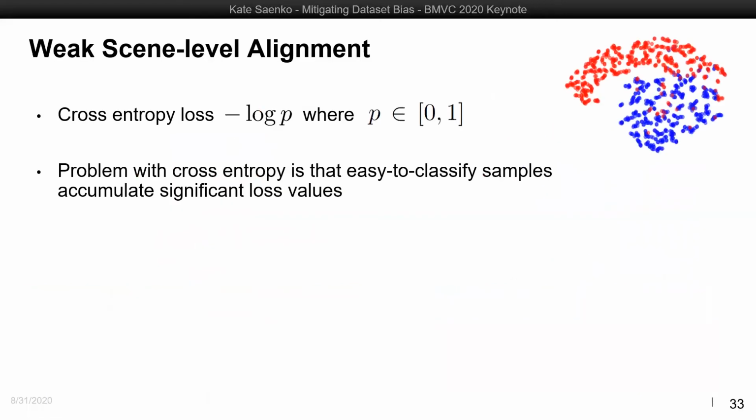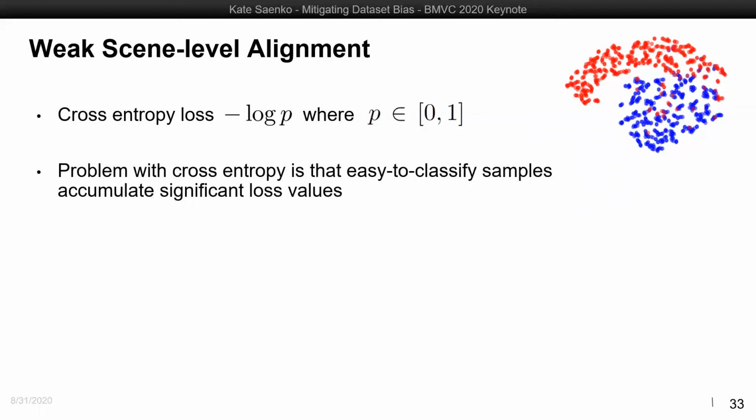The way that we handle this issue of relaxing the alignment objective is, first of all, notice the cross-entropy loss, which the domain discriminator is trained with, where here p is the probability of the input belonging to one of two domains, either the source or the target.